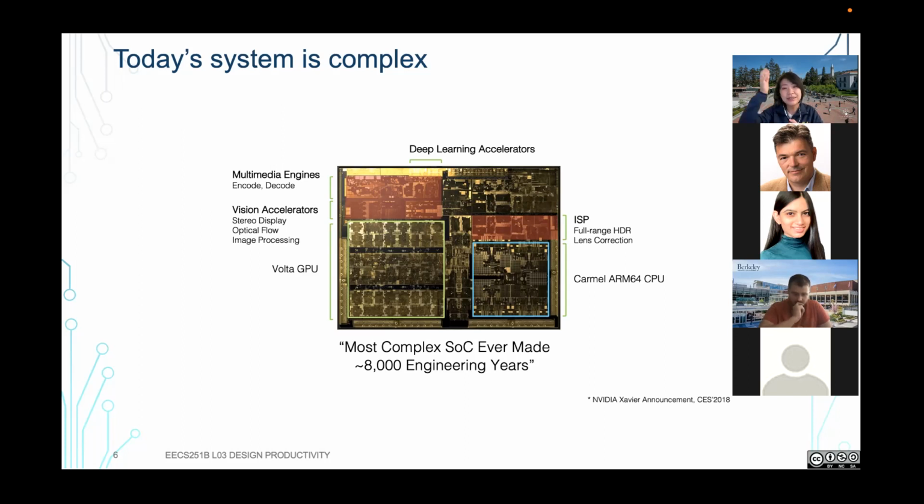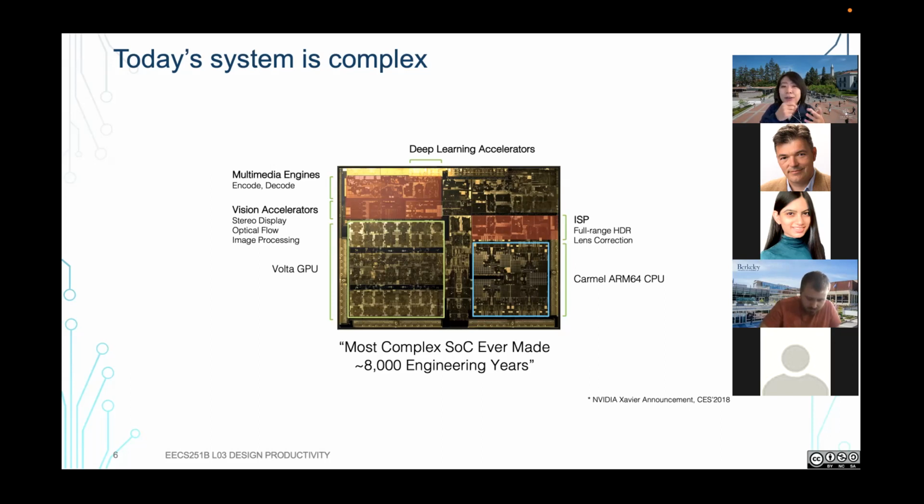Again, this is already a couple of years old. But when it was first announced, the headline was that this is basically the most complex SoC people have ever made. It takes roughly 8,000 engineering years. So it's a lot of engineers. Think about it, we need to roll out this kind of processor every other year, so a lot of engineers participate in the design process.